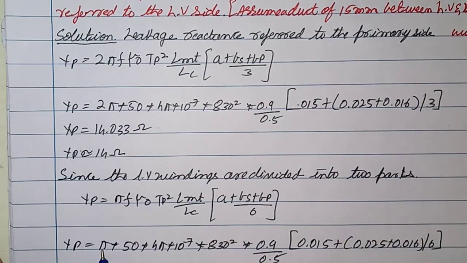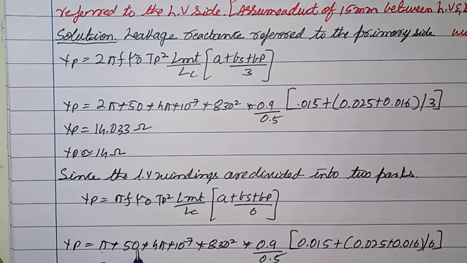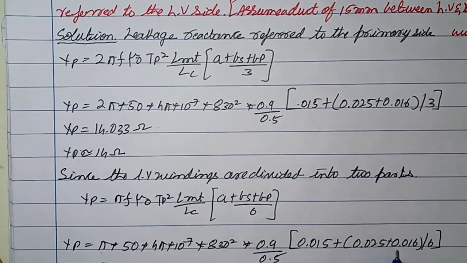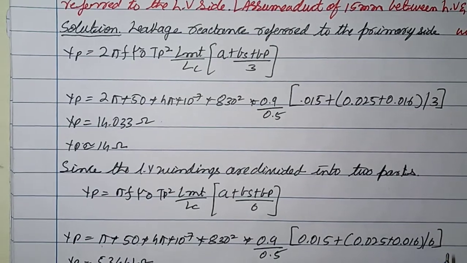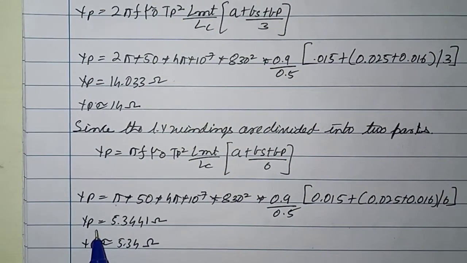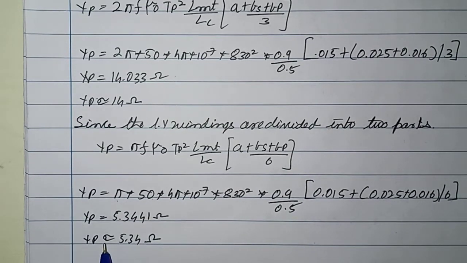So Xp is equal to π × frequency × μ0 × 830 squared × (0.015 plus 0.025 plus 0.016), all remain the same, only here we have divided by 6. Here we get 5.344 ohm, so the leakage reactance is 5.34 ohm.